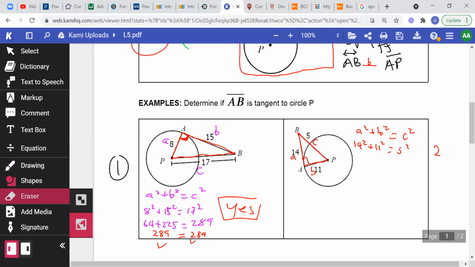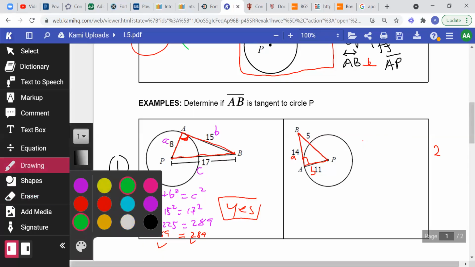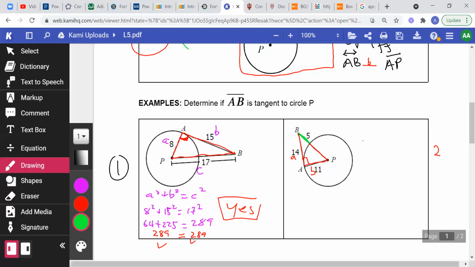The only thing we could have done here is notice that 14 and 11 are bigger than 5. So this 5 only represents this part, B to the circle. And from the circle to P, what do you think the dimension of the purple side is going to be?